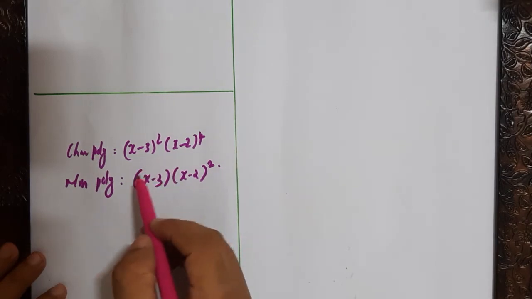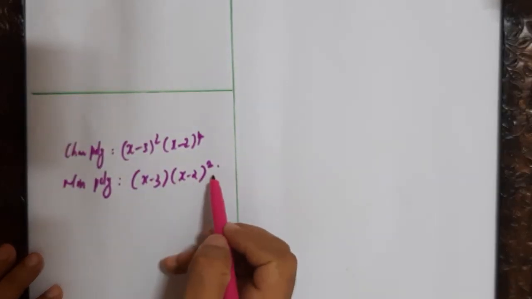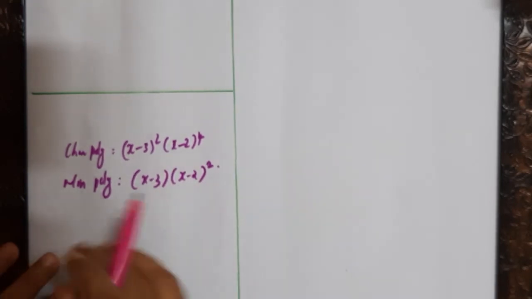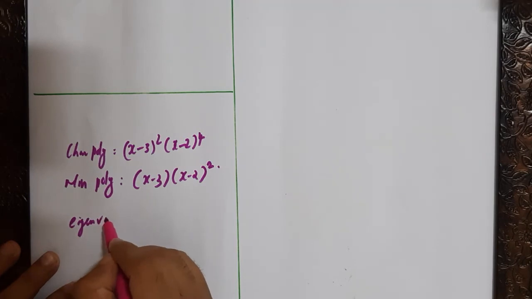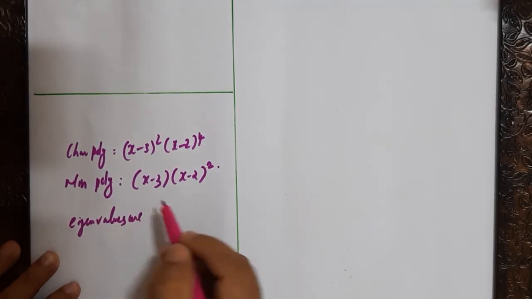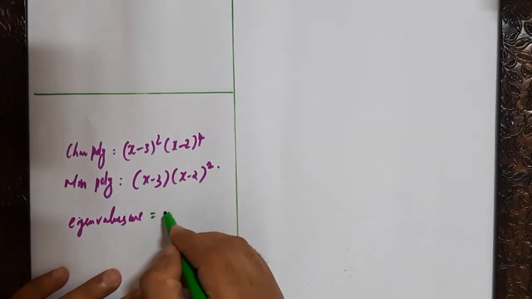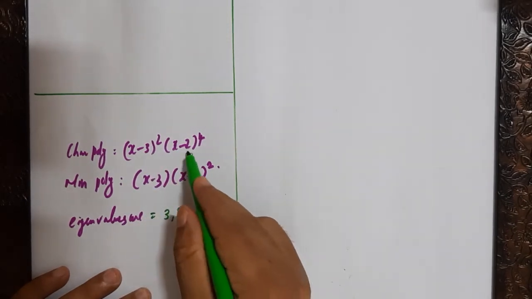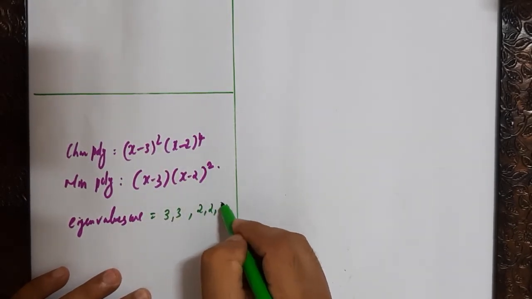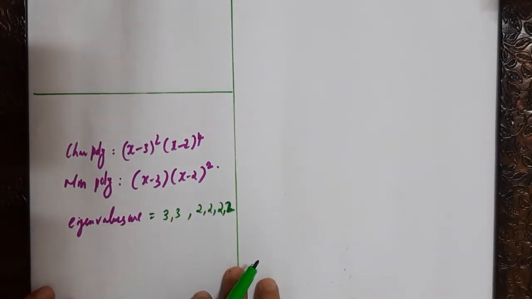So this is not a diagonalizable matrix because the minimal polynomial does not split into distinct factors. Now what are the eigenvalues? Eigenvalues are 3 and 2, and 3 repeats 2 times and 2 repeats 4 times. So these are all the eigenvalues.